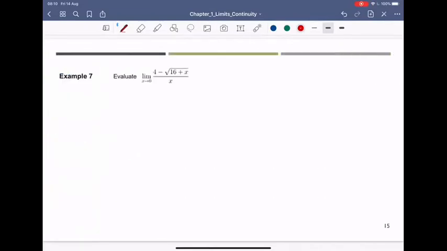So example 7. What I'm going to do is multiply this expression by its conjugate. First of all, I need to multiply by number 1, right? And its conjugate is 4 plus square root of 16 plus x over 4 plus square root of 16 plus x.